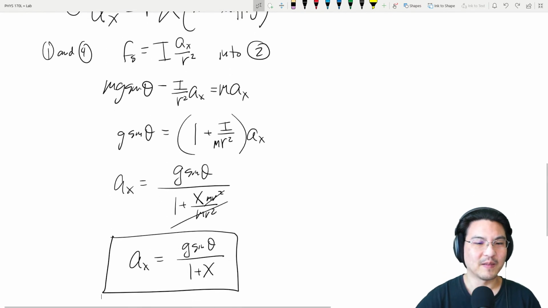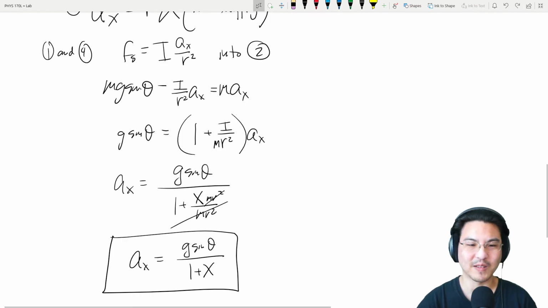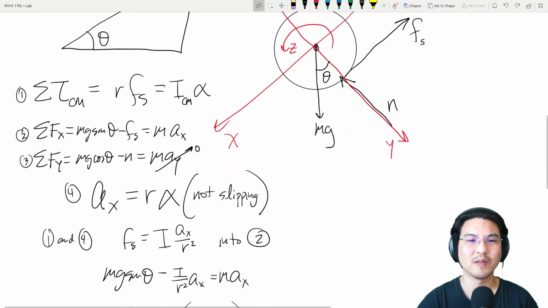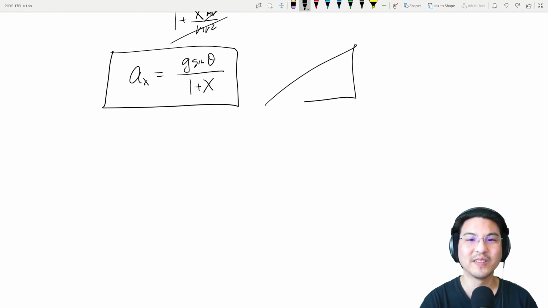Okay, but that's not something we have, right? You know g, you can measure the angle, but how are we going to get the acceleration? So let's get this so that we can measure some data. So if you roll down the ramp and you measure the distance, right?